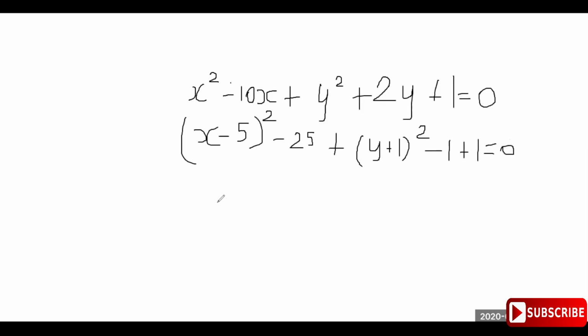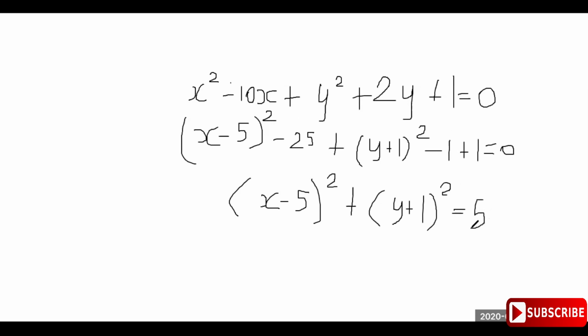In standard form, it is x minus 5 all squared plus y plus 1 all squared equals 25, and 25 can be written as 5 squared. That means R equals 5.